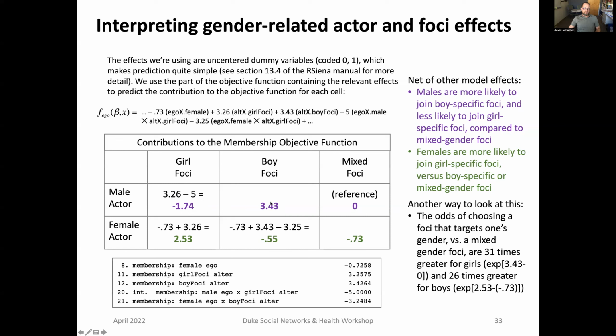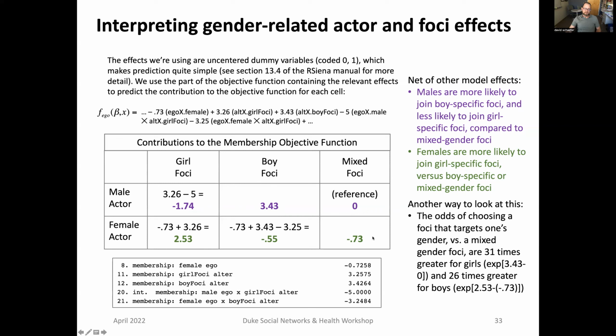So males are more likely to join boy foci and less likely to join girl foci, with mixed foci kind of in the middle. Okay, for girls, they are most likely to join girl foci and then kind of less likely to join boy foci or mixed foci.